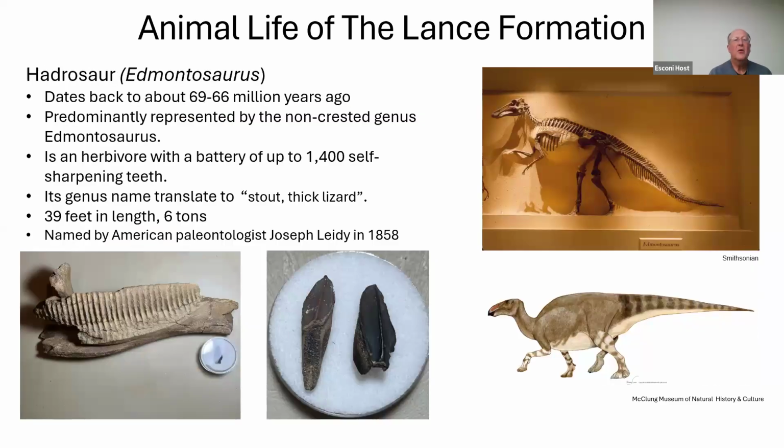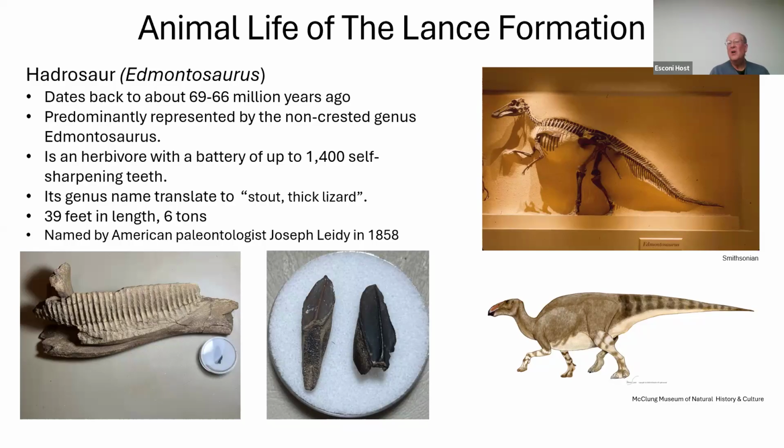Next of the herbivores is the hadrosaur. That also dates back to about 69 to 66 million years ago, predominantly represented by the non-crested genus Edmontosaurus. They get quite large. Their jaws can contain as many as 1,400 self-sharpening teeth, and you can see an example of that below.